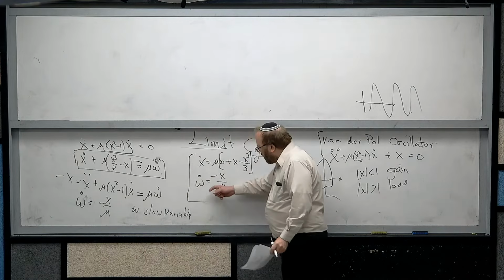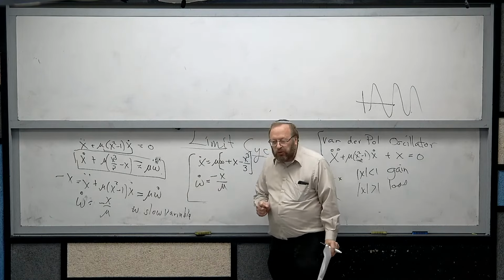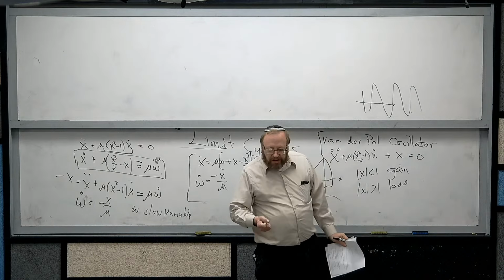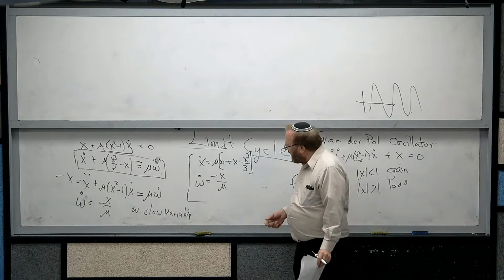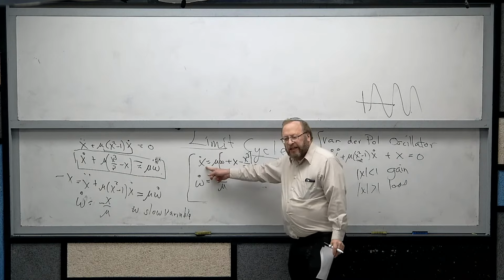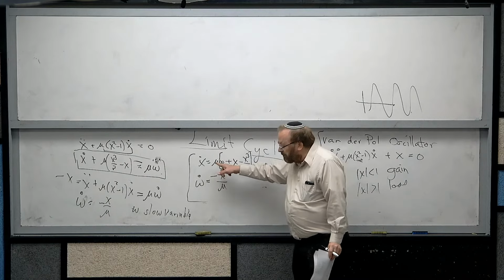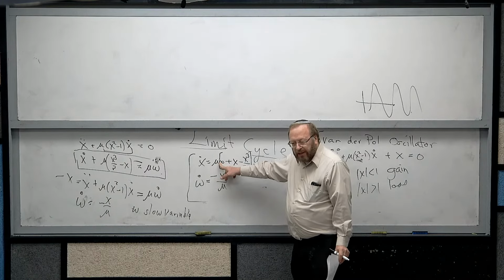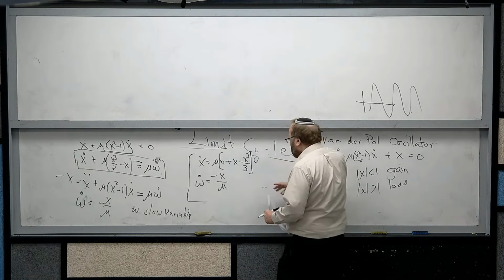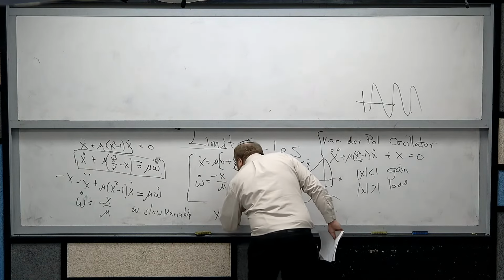Just like omega dot being something over mu meant omega was a slow variable, by the same token x dot is proportional to mu, and mu is very big. So x is the fast variable.